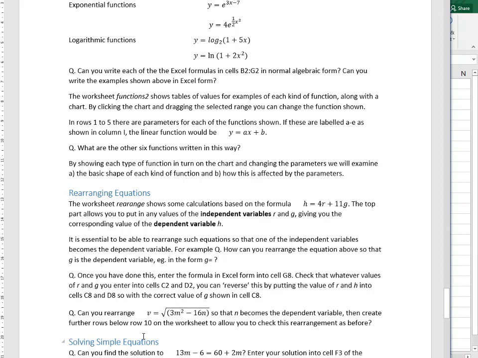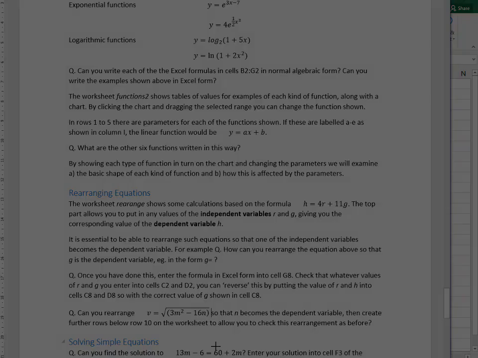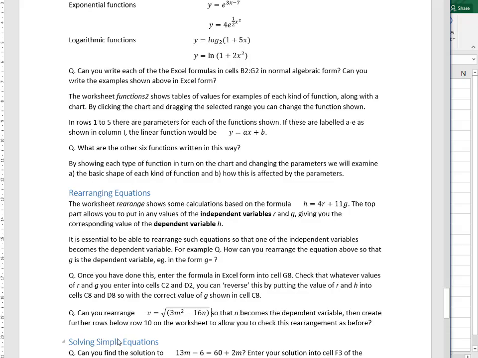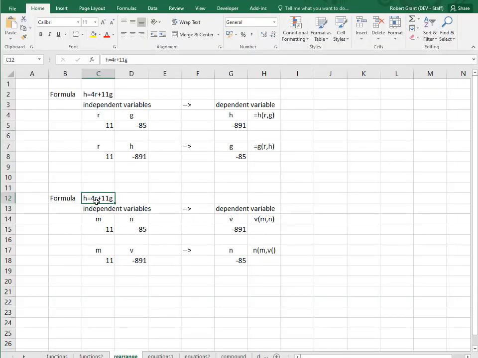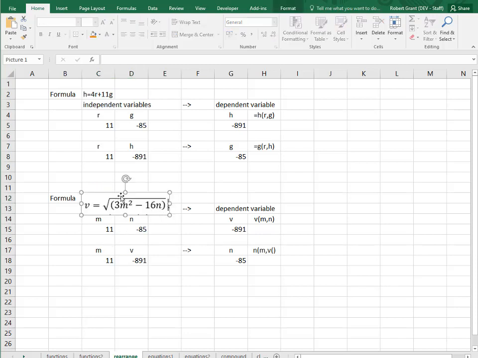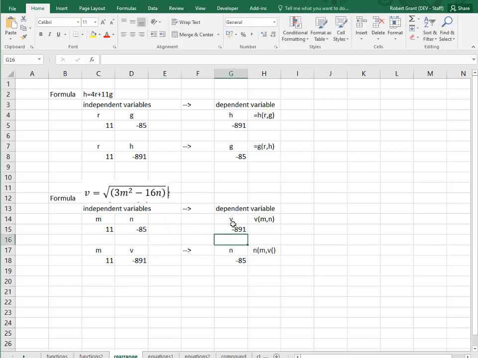I want this function here. Never mind. So your first job is to put that in here.